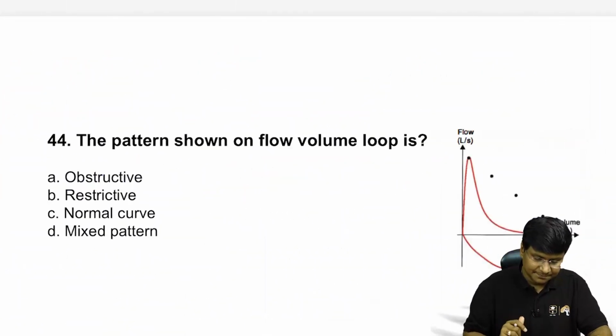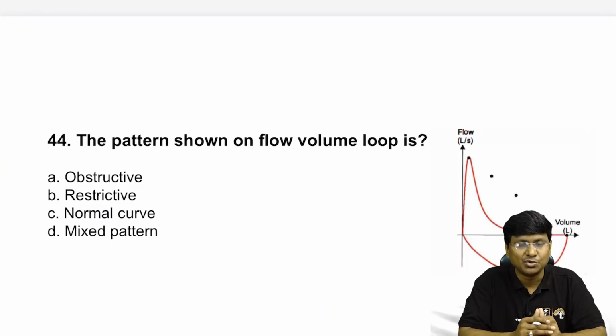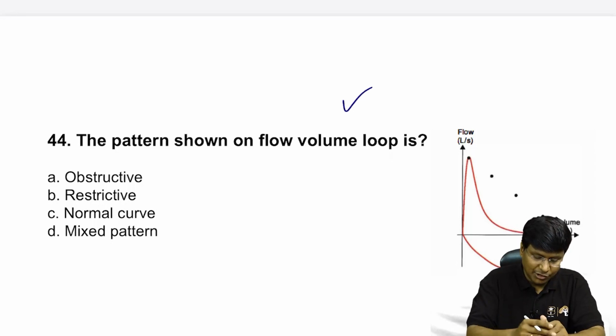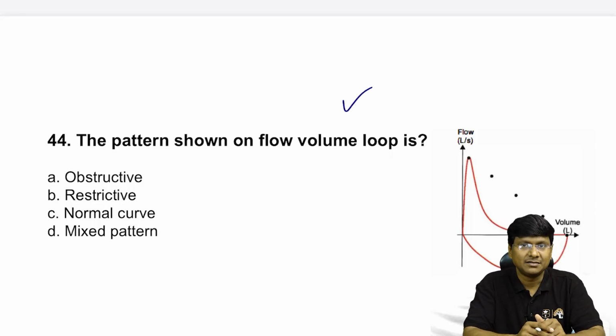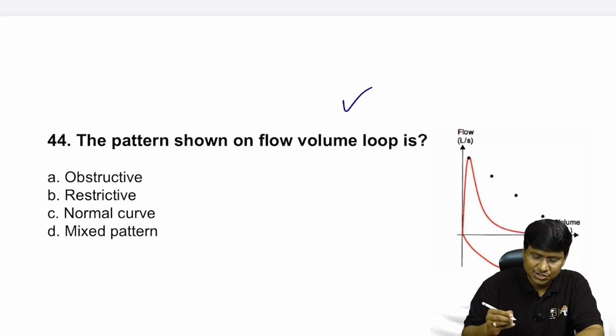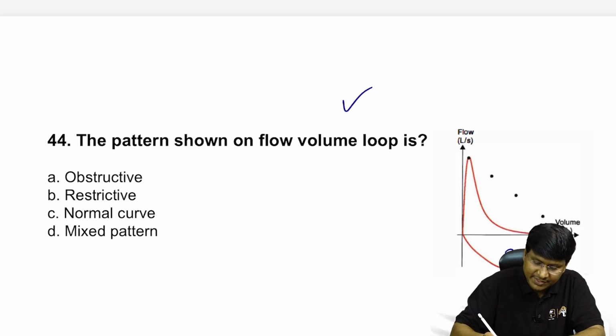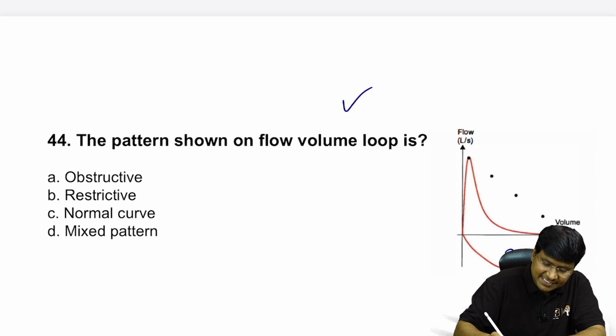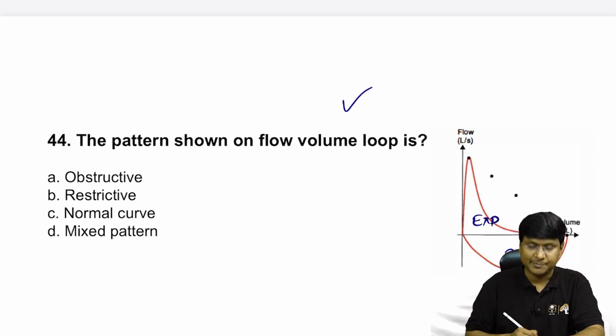Next question. The pattern shown on the following flow volume loop is the obstructive pattern, restrictive pattern, the normal curve, or the mixed pattern. Now, this is the pulmonary function test in which the lower side of the graph represents the inspiration and the upper side represents the expiration.